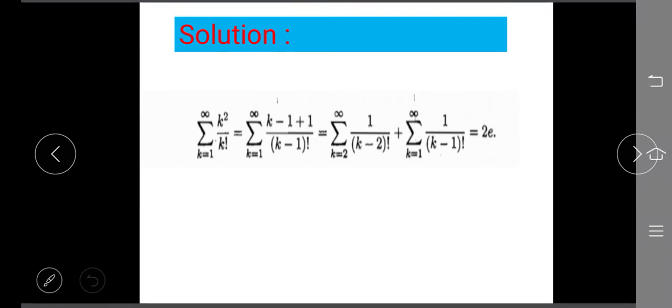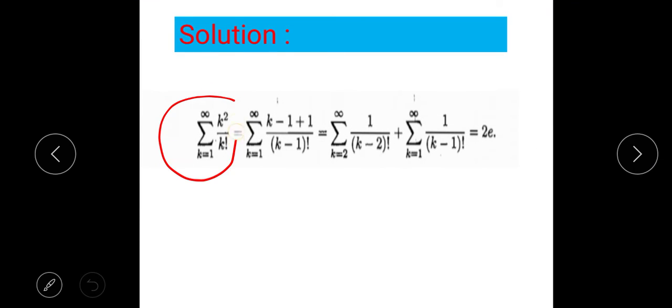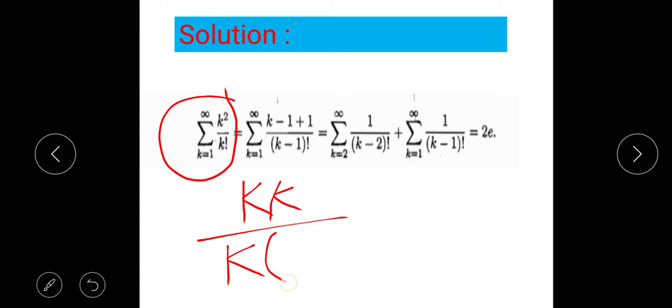So the expression is k equals 1 to infinity k square upon factorial k. Now if you simplify this expression, what you are going to get? You are going to get k into k upon k multiplied by k minus 1 factorial.